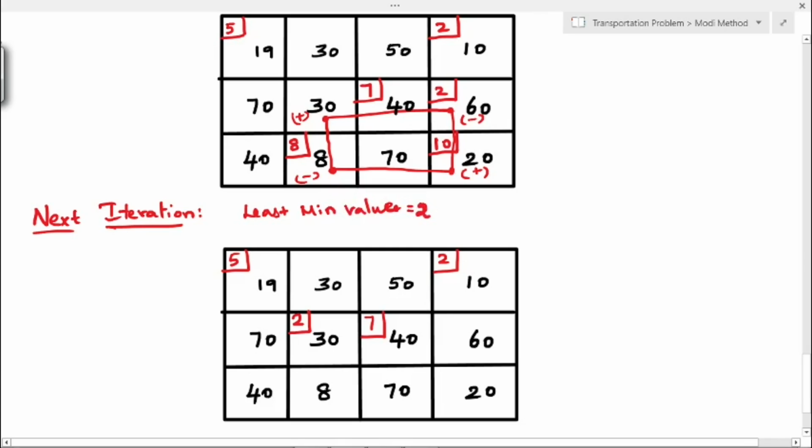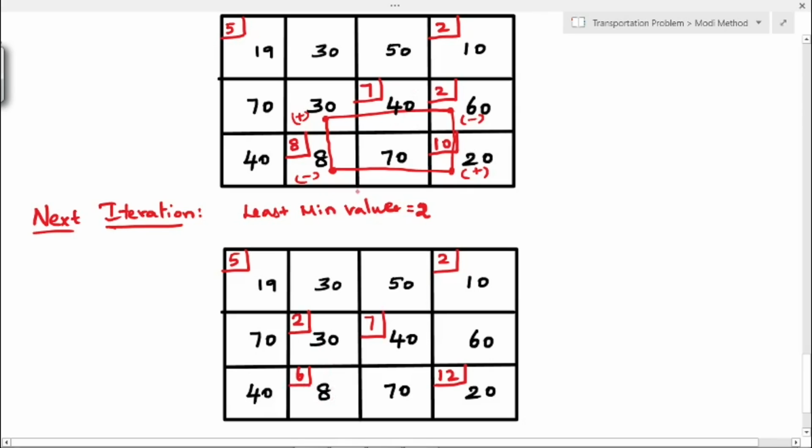So using this 2, if we have plus you have to add, if you have minus you have to subtract. In this place we have positive, so 10 plus 2, that is 12. And the last value, this cell, 8, and here we have minus. If you subtract you will get 6. 8 minus 2, 6.